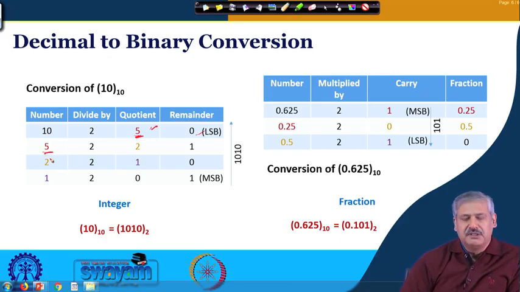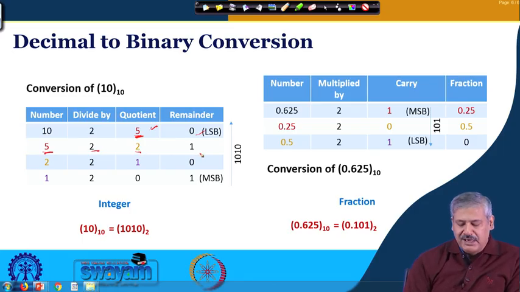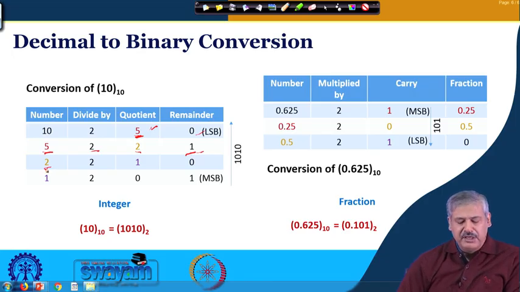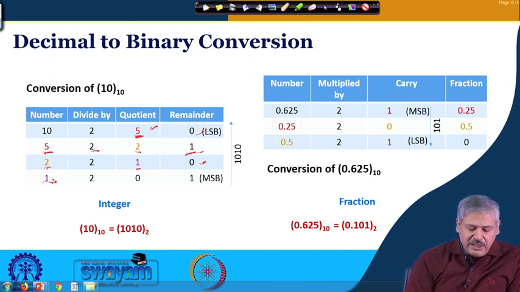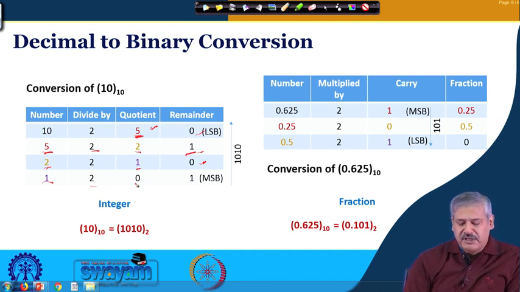Again we divide by 2 and note the quotient and the remainder. Earlier when 10 was divided by 2, the quotient was 5 and the remainder was 0. This time the remainder is 1. These 2, again we divide by 2. This is 1 and the remainder is 0, because 2 is completely divisible by 2. And then 1, when we divide by 2, we get the quotient 0 and the remainder remains 1.